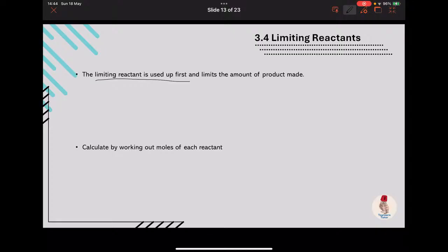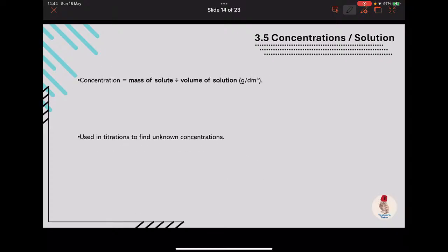So if you have a reaction which says Na plus 2H2O equals whatever it equals, then if you have 2 moles of sodium and 3 of H2O, from the stoichiometric relationship, you can see that if you have 2 moles of Na, we would need 4 of H2O. However, we only have 3. Therefore, as this is less, that means that water is our limiting reactant.